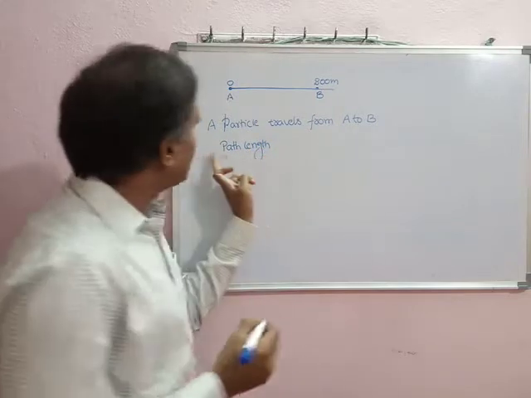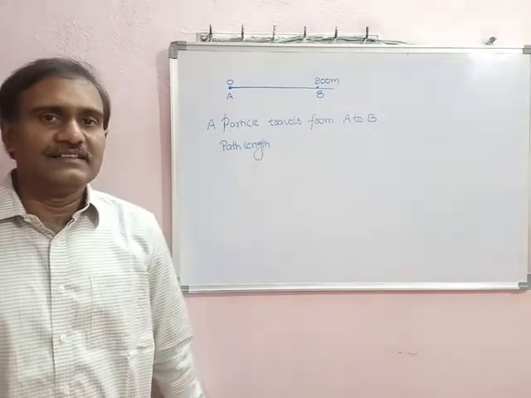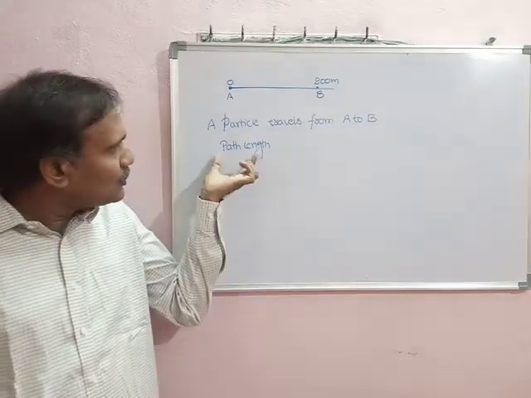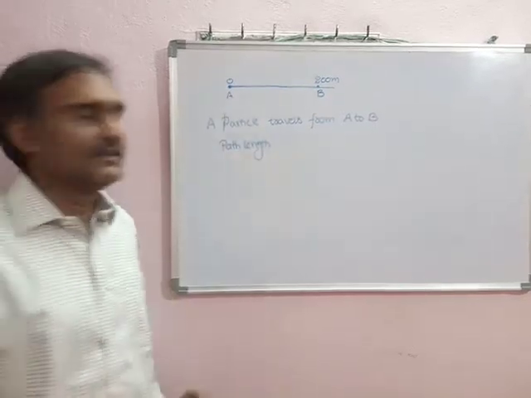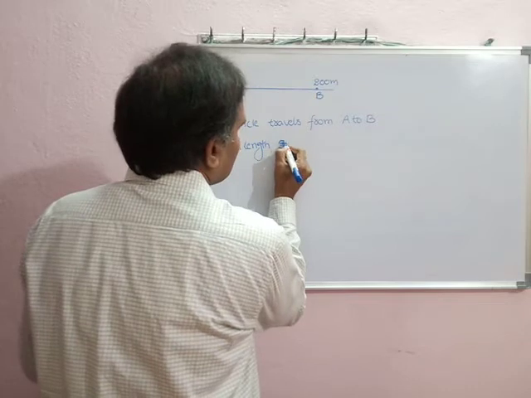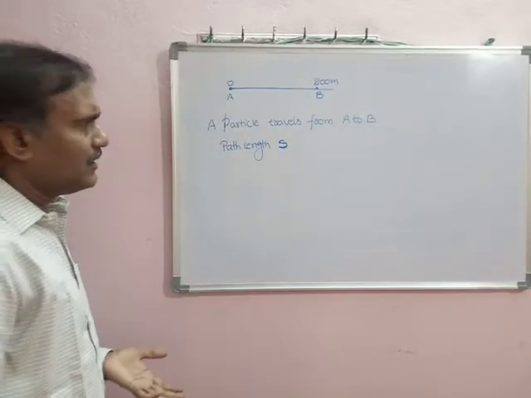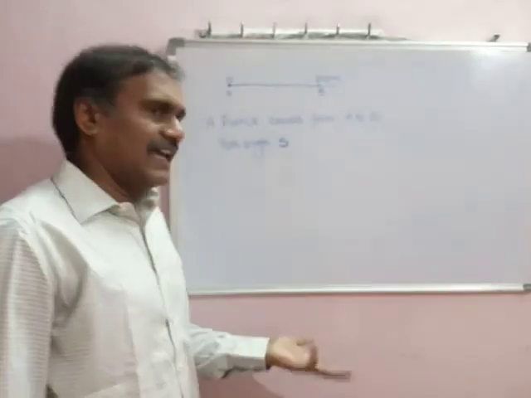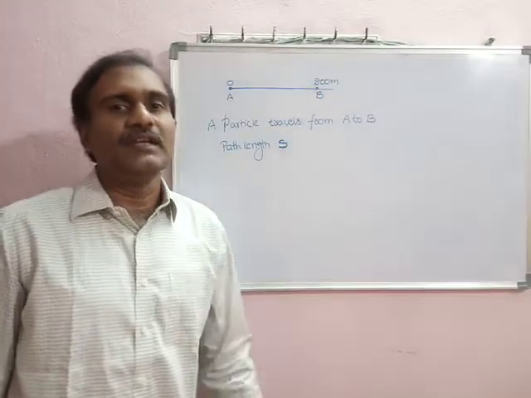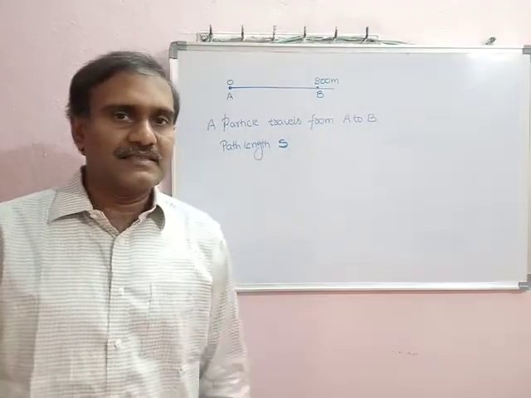In your ninth standard, you called this path length the distance, but here I want to call it path length. I am using the symbol S, instead of path length. You may take it as X or Y, whatever it may be. Here, for my convenience, I am using S.